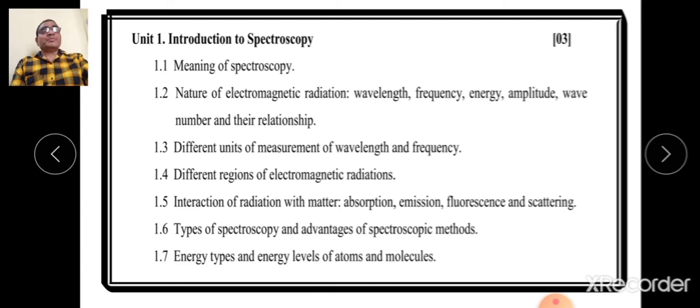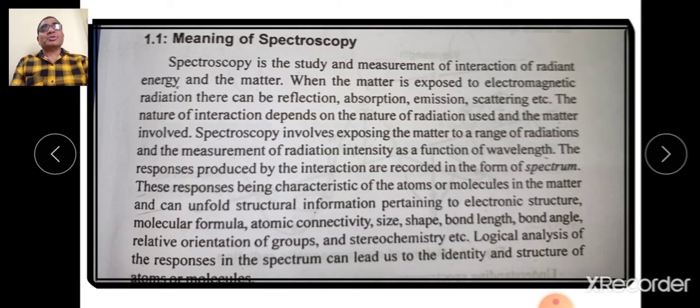Now, what is meant by spectroscopy? Spectroscopy is the study and measurement of interaction of radiant energy with matter. When matter is exposed to electromagnetic radiation, there may be reflection, absorption, emission, or scattering of light.